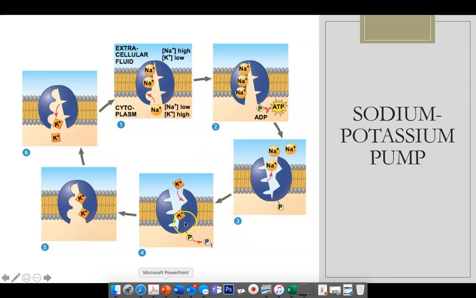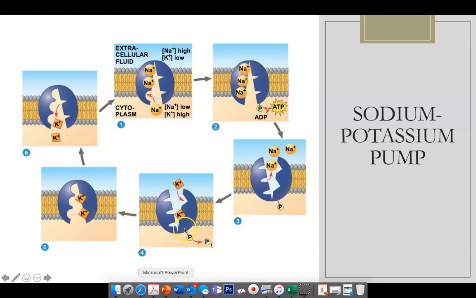But anyway, the potassium ions bind to the carrier protein, which causes the phosphate to be released from the carrier protein. This is called dephosphorylation. Adding a phosphate is phosphorylation, removing one, dephosphorylation. And again, this is going to cause a conformational change in shape.